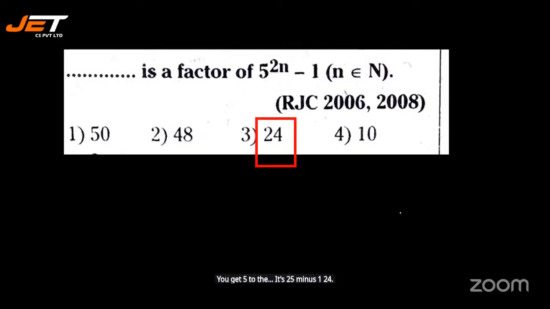Right? Yes. Perfect. So you have to put the value of n as 1, which will give you 5 to the power 2 into 1, 5 square, which is 25, minus 1 is 24. This question was repeated in 2 years, one in 2006, the other one during 2008 in RJC.